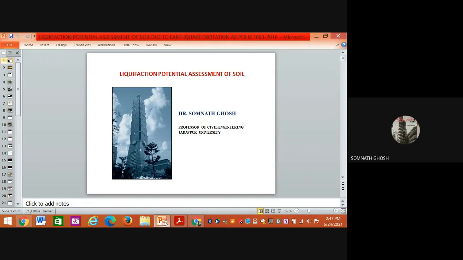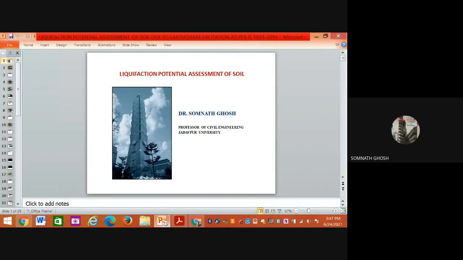Today, I'll discuss a very important aspect of foundation design, which has direct impact on structural behavior. Naturally, we can't think structure and soil separately because our structure is supported on soil.